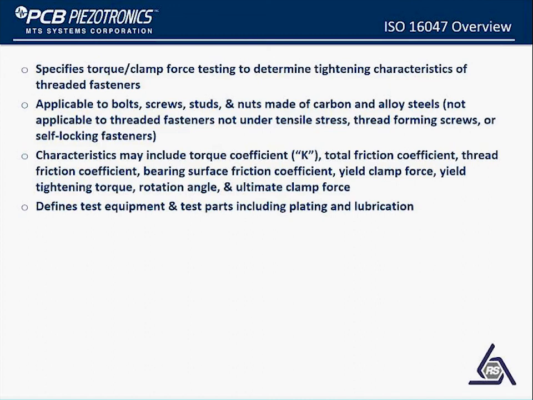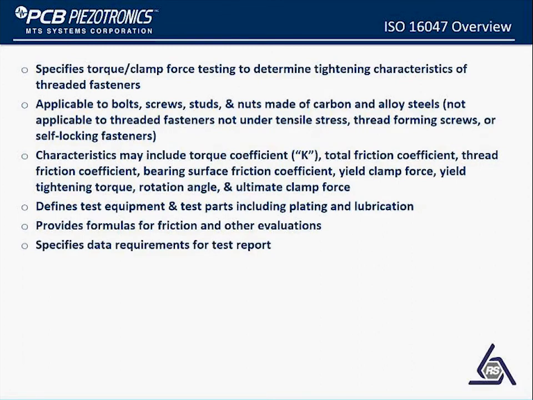It also defines what sort of test equipment and test parts should be used, including plating and lubrication of those parts. It provides the formulas for calculating the various friction values and other evaluations, and it specifies the data requirements that should be included in a test report. So they're very similar, and perhaps ISO is the one that's most widely used worldwide at the present time.